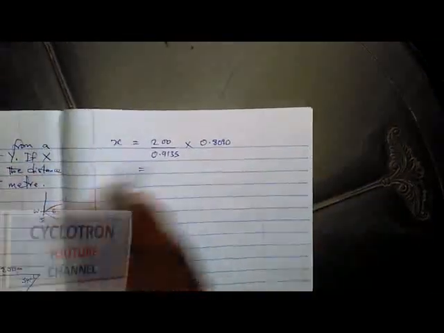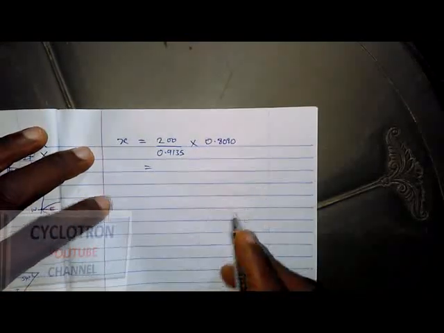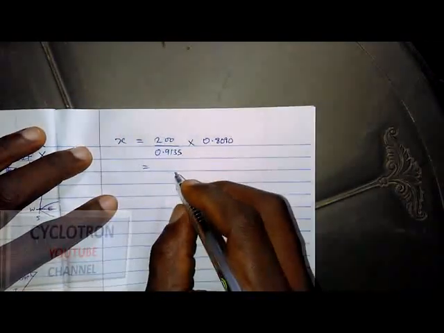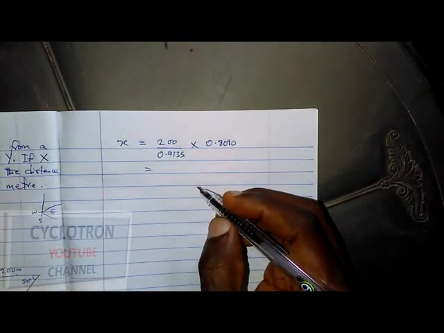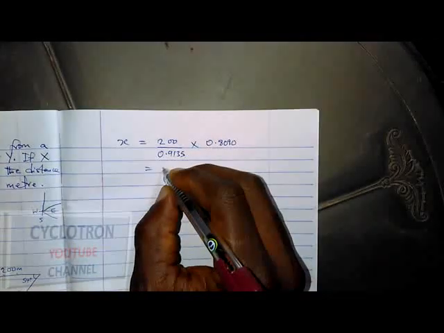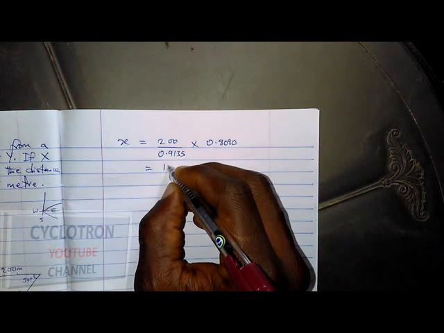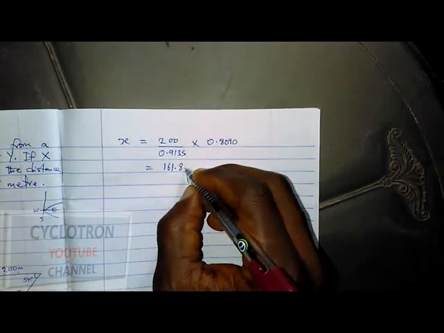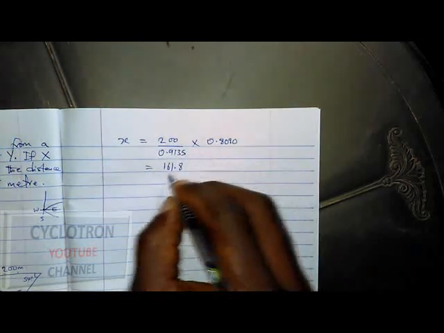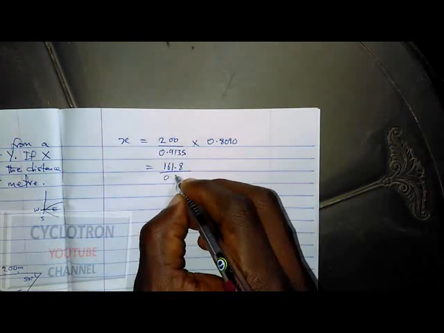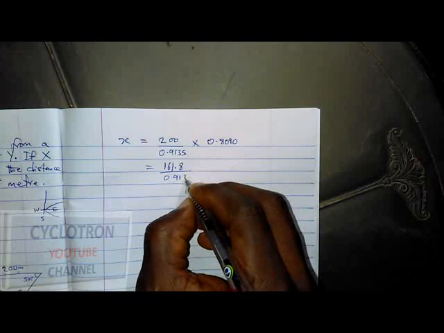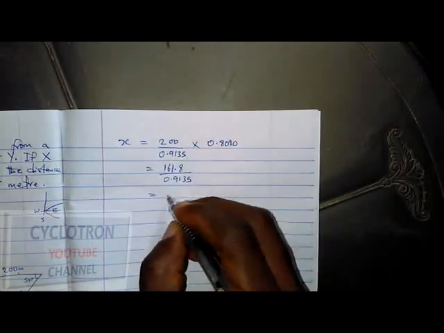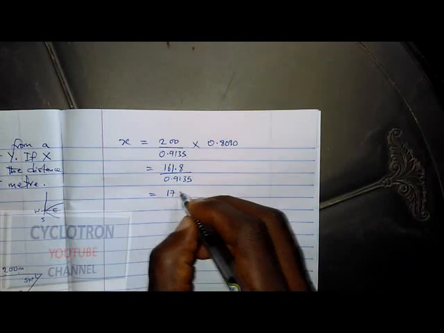Let's solve this all together. Multiply 200 with this, then divide by this. What do we have? 161.8. Multiply, you have that. Divide by 0.9135. What do you have? 177.12.